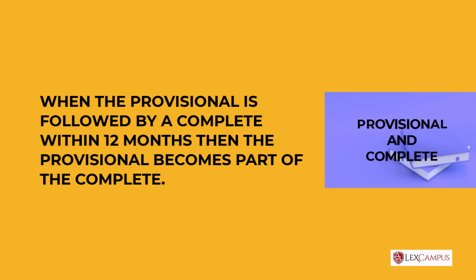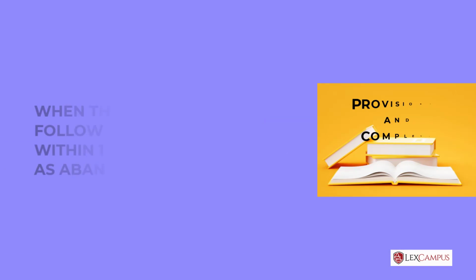The provisional merges and becomes a part of the application. Later on, after the patent is published or after it is granted, if you ask the patent office for a copy of the provisional, a copy of the complete, the patent office will also tell you that there is a provisional, or you will be able to see the provisional, because a provisional, when it is followed by a complete, becomes a part of the document.